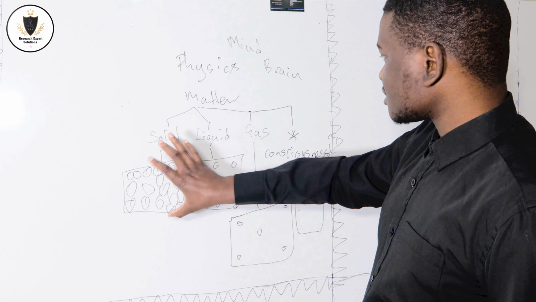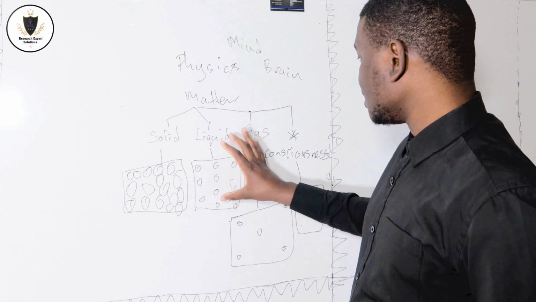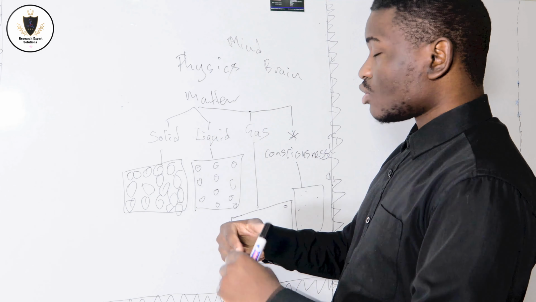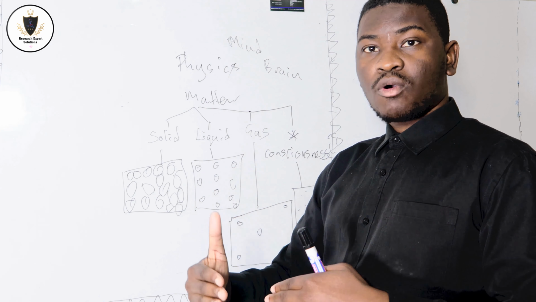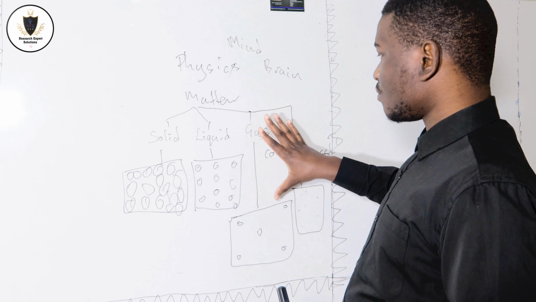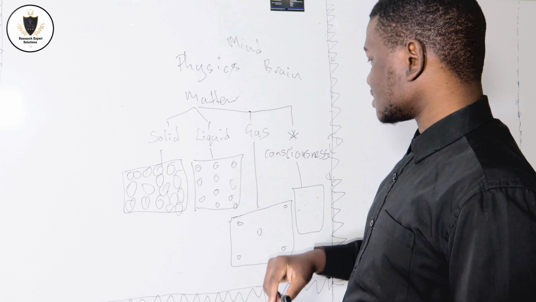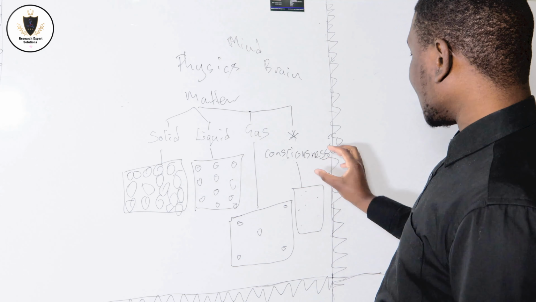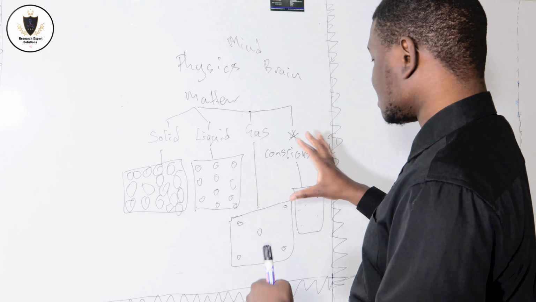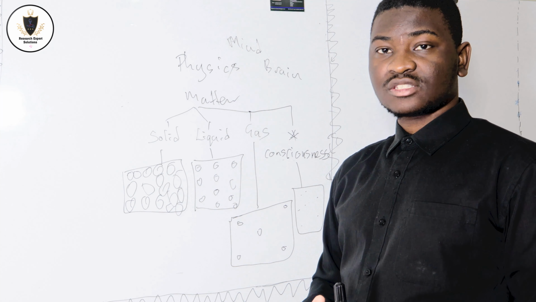So you realize that solids have got different properties. That's what makes them different from liquids as another form of state. And liquids also have different properties which make them a little bit different from gases, right? The same applies with consciousness. It is a state of matter that has different properties from all these other states of matter.